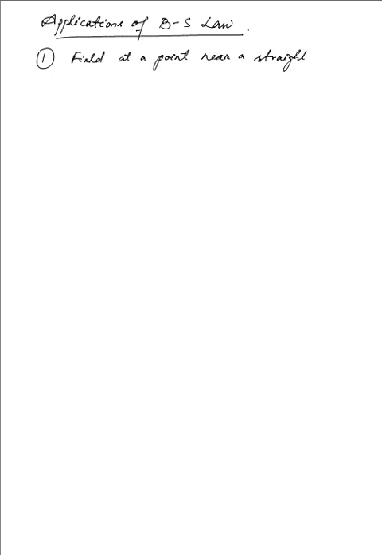of Biot-Savart's law. The first kind is the magnetic field at a point near a straight conductor carrying current.